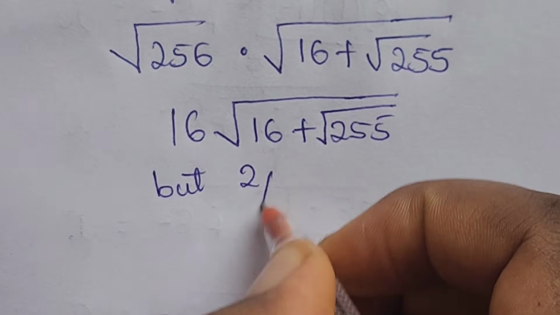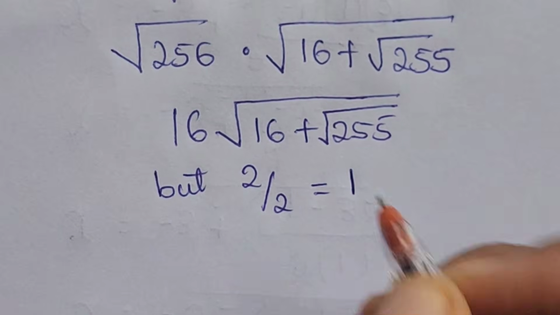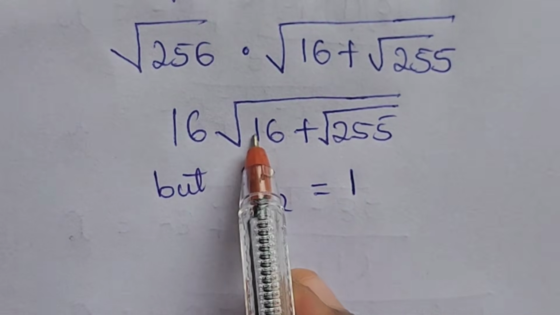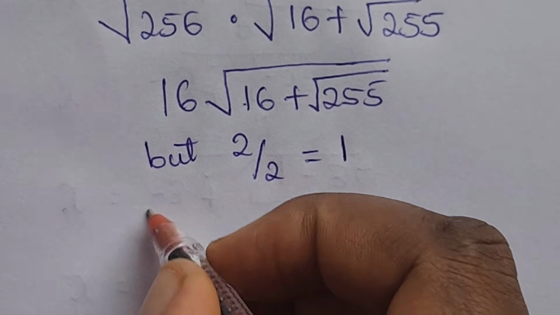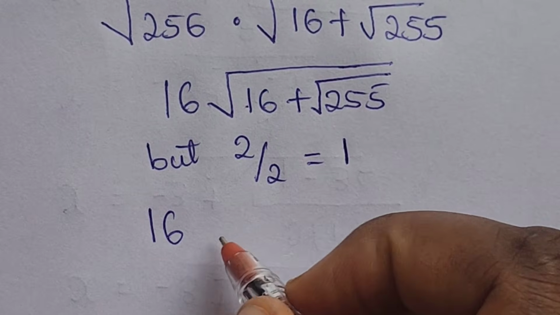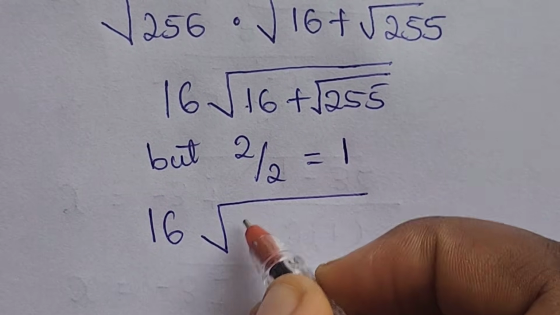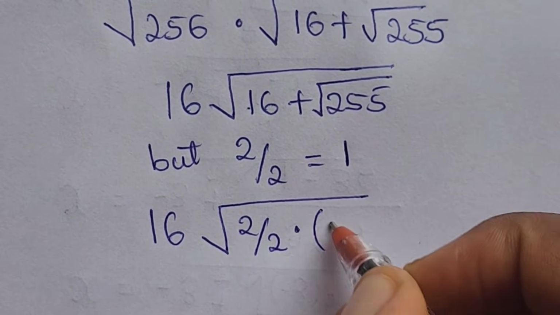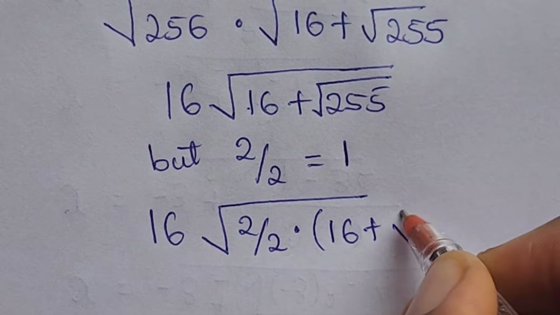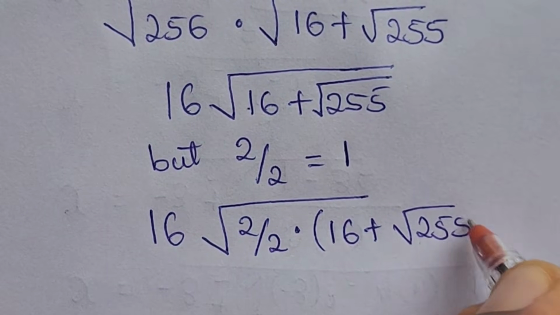But when I have 2 over 2, this is equal to 1. So I'll be multiplying here with 2 over 2 to have 16 root 2 over 2 times 16 plus root 255.